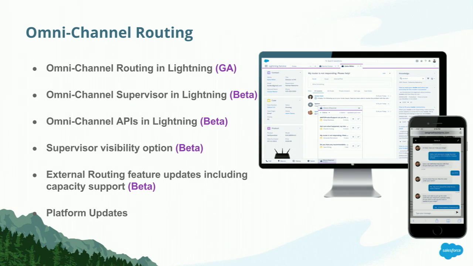And lastly, before we jump into a demo, I do want to call out small platform updates. We have provided support for scenarios when we run into a misrouting scenario. So now if you accidentally misroute a work item to an agent, or that agent thinks that they are not skilled for or suitable to work on a particular item, it doesn't lose its SLA on going back to the queue.